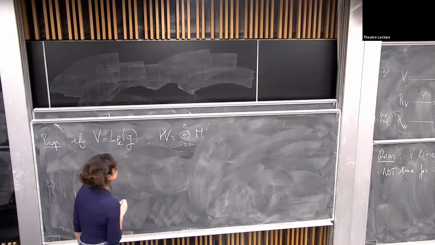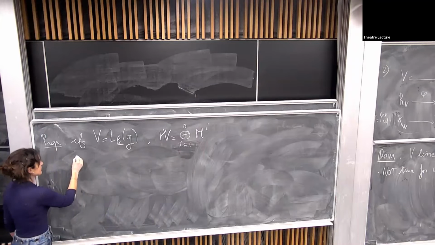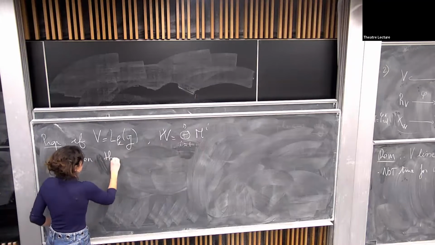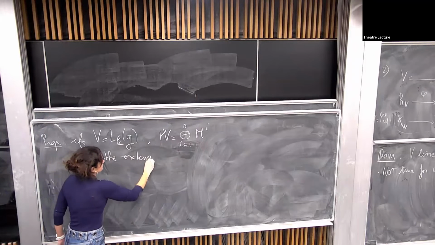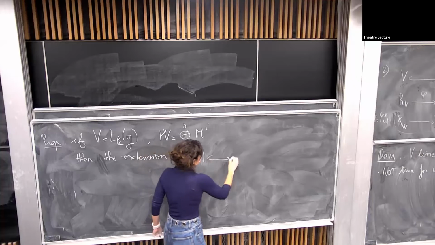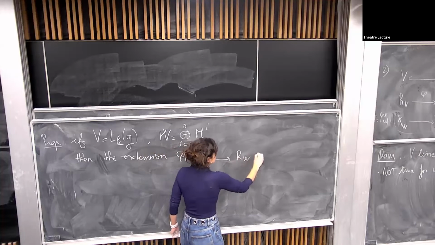All right, and then what we can say is that at least the extension from the image to our W is finite.